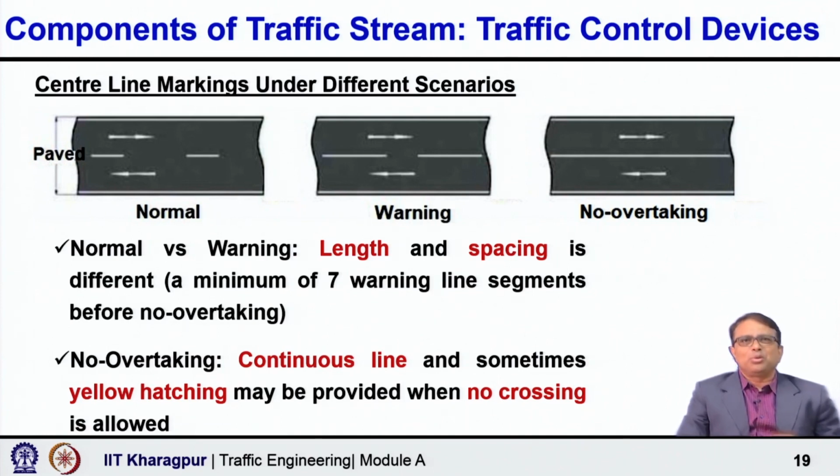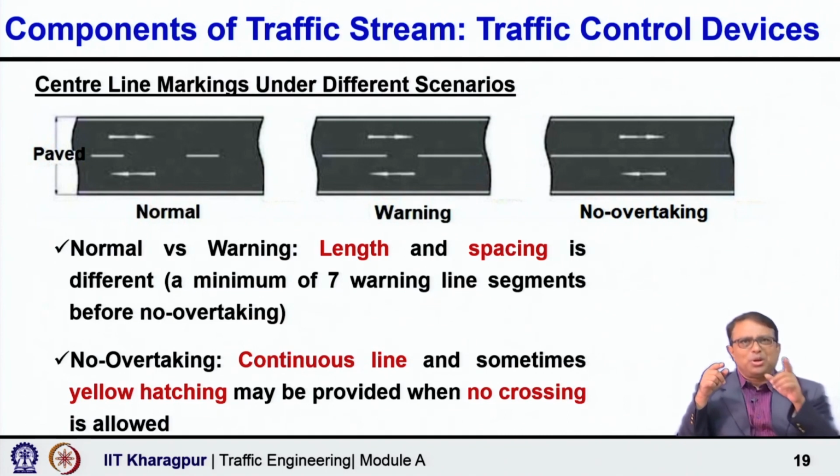You can see the normal condition and the warning condition. In both cases the lines are broken, but the length and spacing are different. As you go from normal to warning situation, the length becomes longer, but it is still not continuous; there is a break.